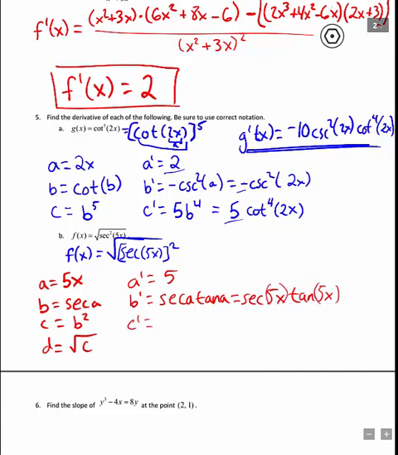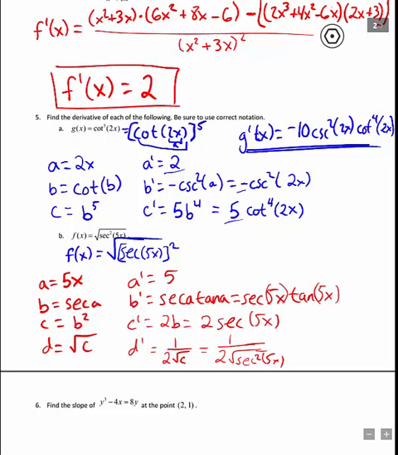And then C prime will be 2B, which will be 2 secant of A, which is 5x. And then D prime will be equal to 1 over 2 radical C, which will be equal to 1 over 2 radical secant squared of 5x.